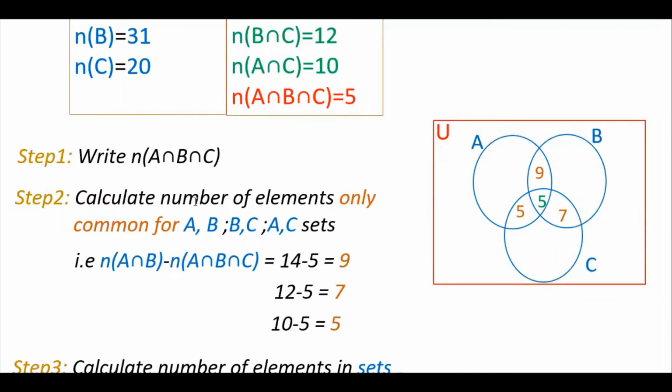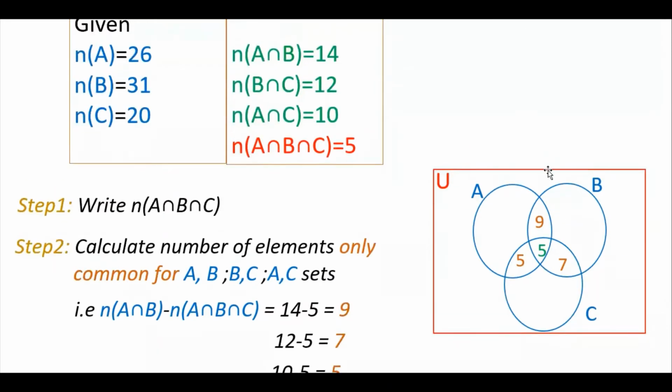And if you want to calculate the number of elements only common for AB, only common for AB means this AB only. So you have to calculate this, and only for BC and only for AC. So for that you have to find N of A intersection B minus N of A intersection B intersection C. Here N of A intersection B is given, that is 14. So here this full value is 14.